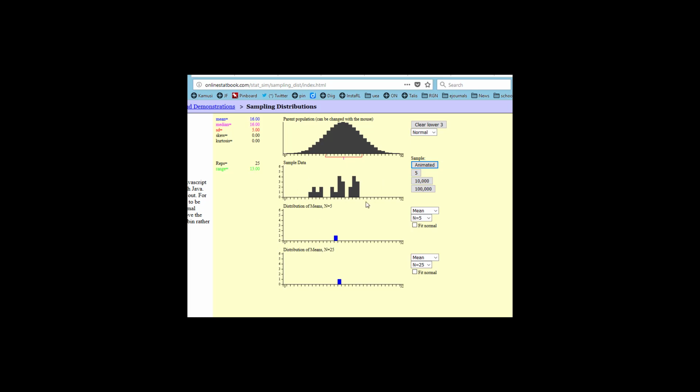Now the point I'm trying to make in this video is that this is all you can see. You can't see any of this stuff up here. You just see that and you want to know where is the mean of the population. We know it's here, but when you're just looking at this, you don't know. So what you want to know is how near is this likely to be? Or how far is it likely to be from here to the true population mean?